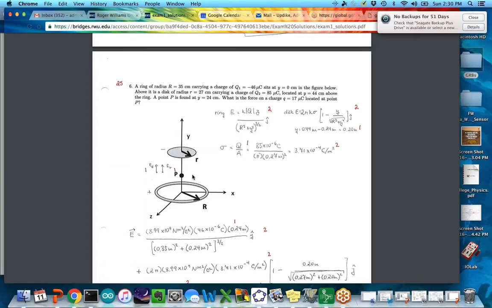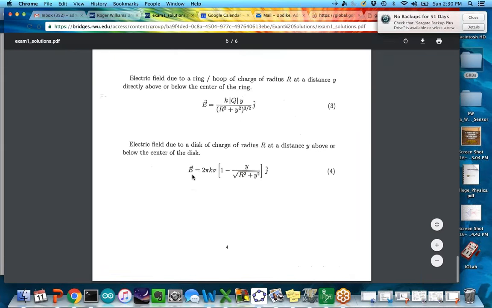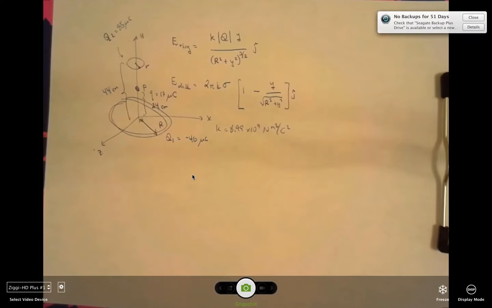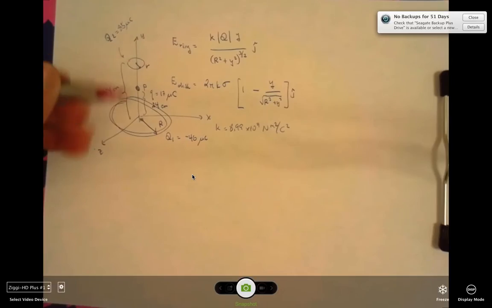And the total height here is 44 centimeters. And that distance is what? P is at 24 centimeters. All right. So the distance between the ring and the disk is 44 centimeters.